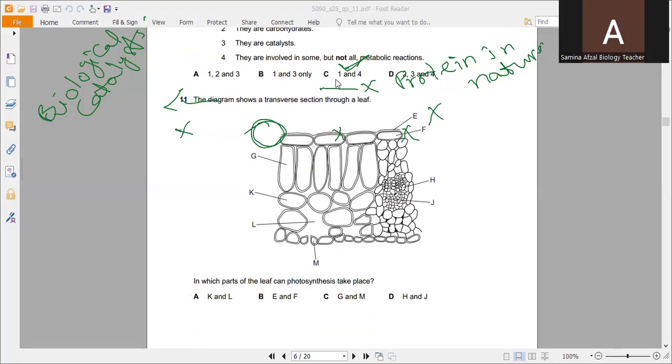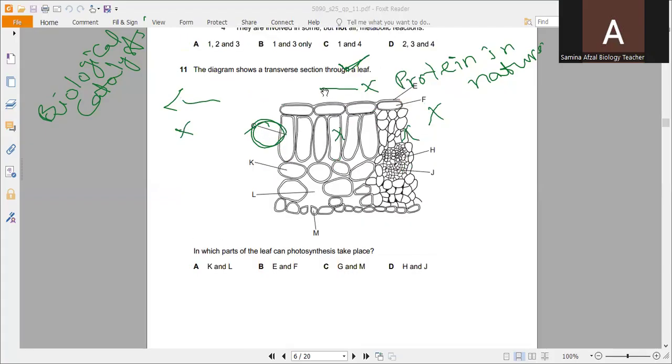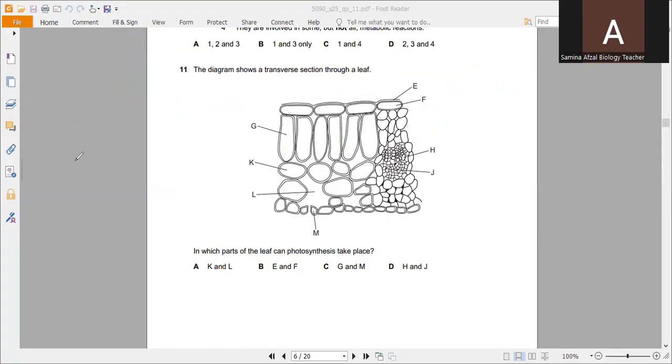Now moving towards the next question. And the next question is, the diagram shows a transverse section through a leaf. You can see in which parts of the leaf photosynthesis can take place. A is cuticle and upper epidermis.